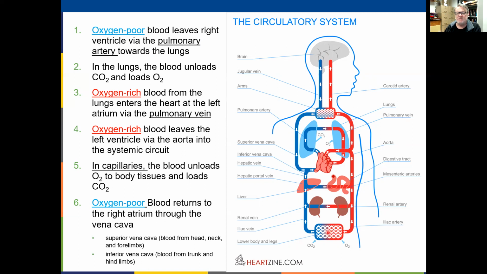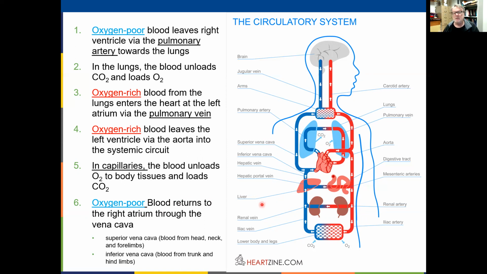The capillary beds will then reform into blood vessels again, and as they reform, they join together with veins, and then the two major veins, the superior vena cava, which carries blood from the upper body, and the inferior vena cava, which is carrying blood from the lower body, will then re-enter the heart through the right atrium, and then the whole circuit starts again.